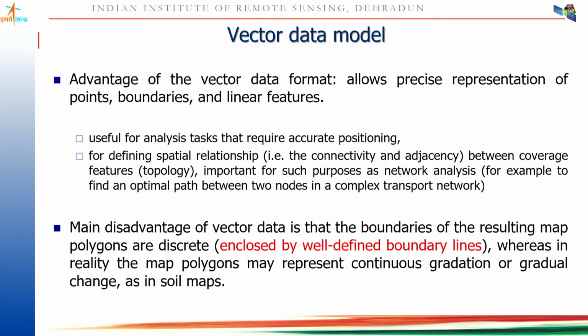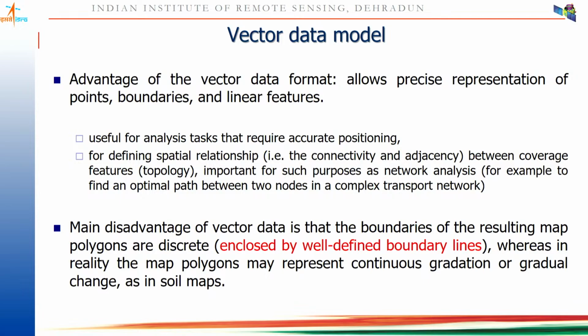There are some advantages of each model. The vector data model is useful for analysis tasks that require accurate positioning, for defining spatial relationships like connectivity, adjacency, continuity. These are basically topological relations you need to define when you have the vector data model.